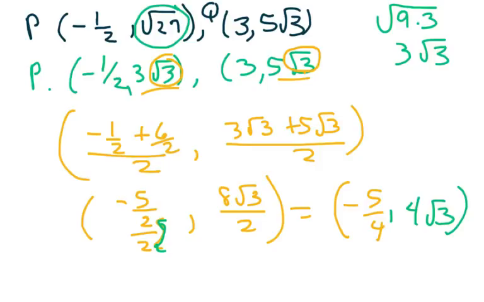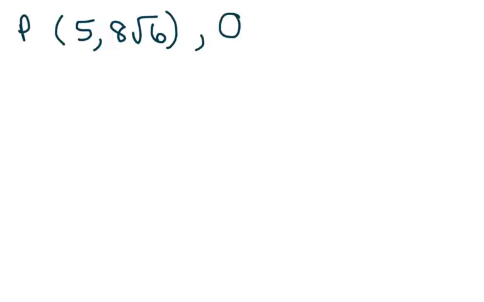All right, let's do one more with radicals in them. So we have 5, 8 square root of 6. I say root a lot because in trig, there's a lot of square roots. Then we have 9, -2 square root of 24.